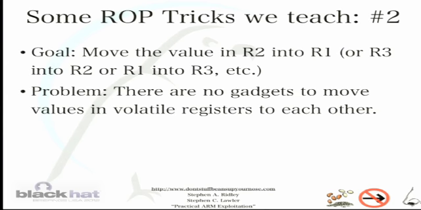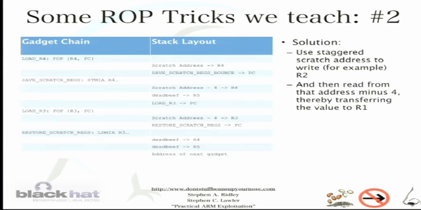The next one is, here's just an example. If you don't have gadgets that will directly move R2 to R1, or R3 into R2, or R1 into R3, how do you work around that? If you just couldn't find a gadget like that at all, but you have other gadgets that can read and write memory, you can always write your registers out to your scratch space and then have another gadget read from that memory location into the register you want.